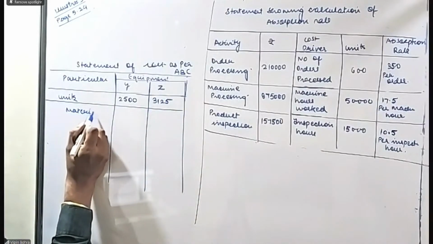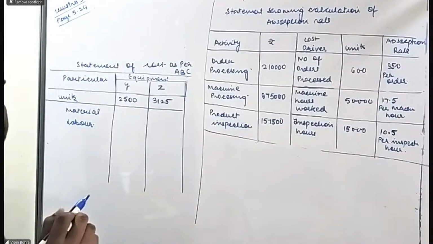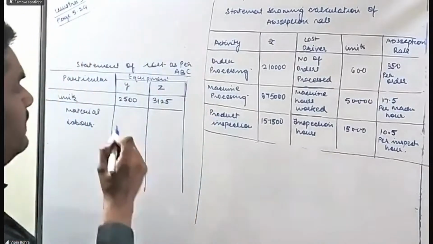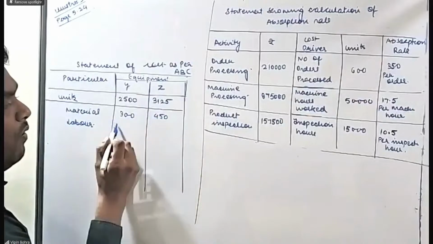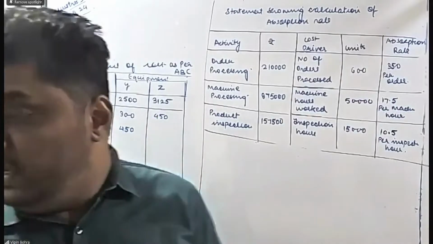Material and labor cost is given. That is 300, 450, 450 and 600.